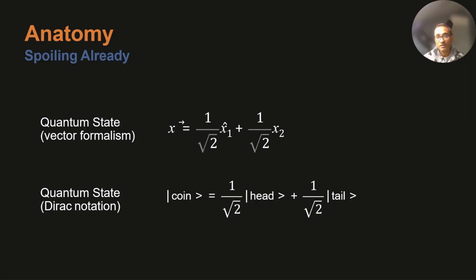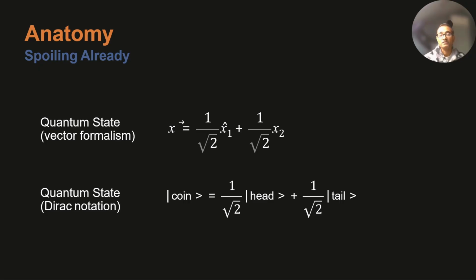Therefore, if we now formalize this vector representation into an actual coin flipping game, we could say, in terms of the quantum state, that a coin flipping game is a combination of head state and tail state.